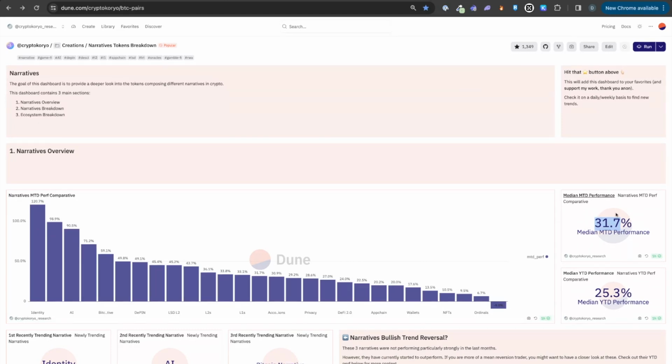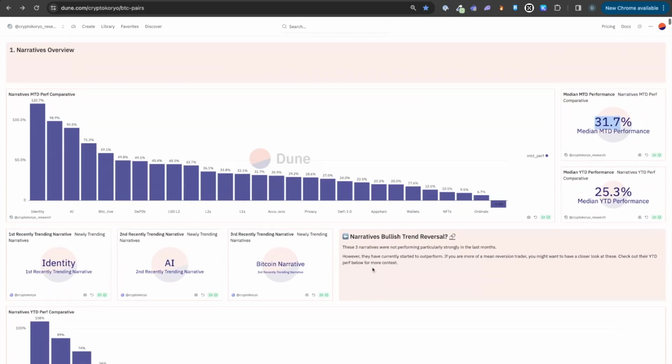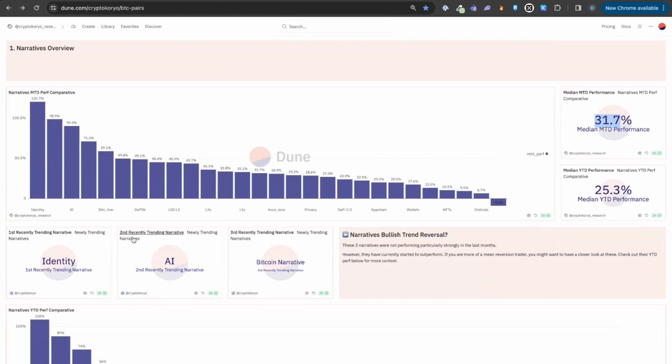Okay, so in this section we are talking about trend reversals, meaning tokens, as it's written here, these are narratives that were mostly on the right side, but now in the last two to three months are moving to the left side. For example, identity is one of them, because there was this catalyst, this news related thing that I mentioned.